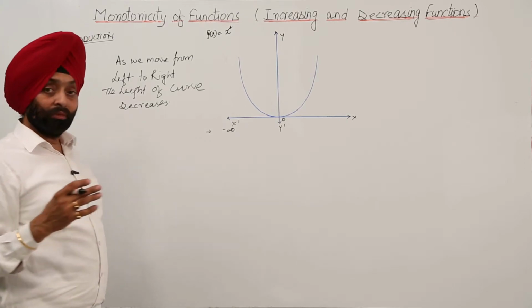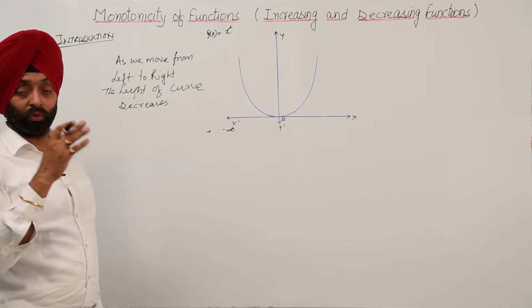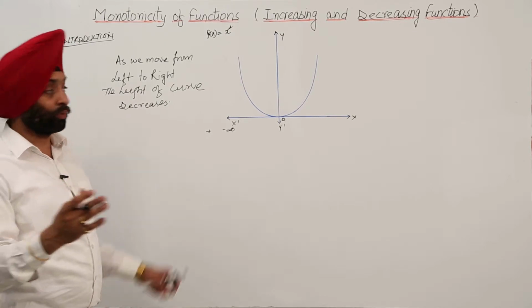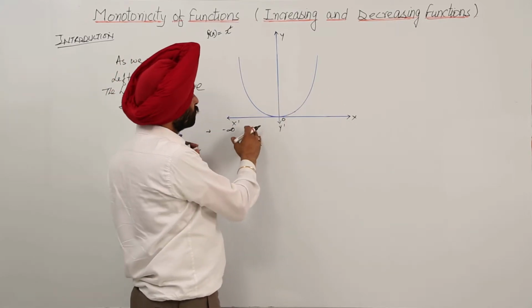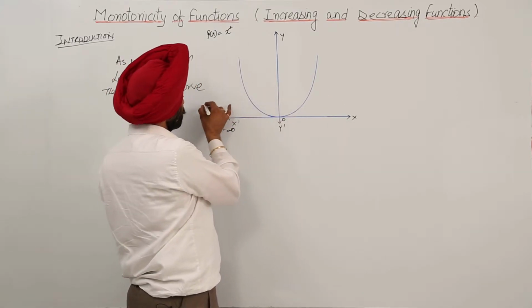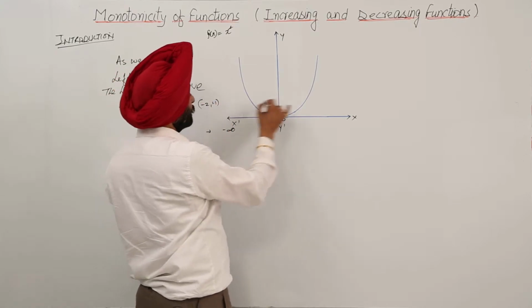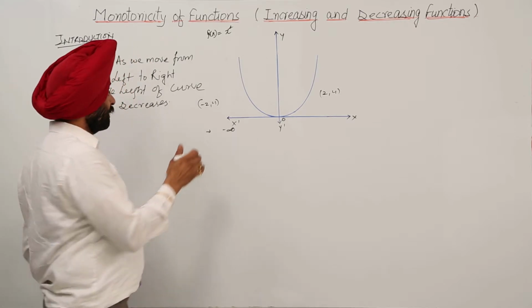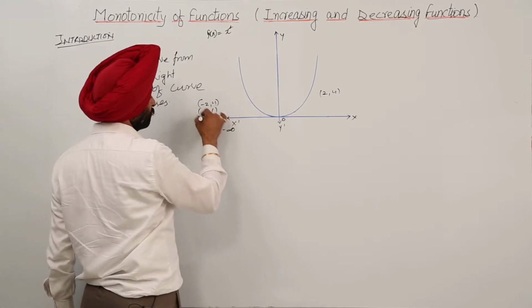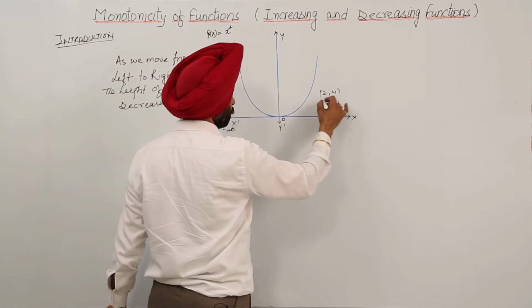So for -2 we get 4, and for 2 we again get 4, one on this side and one on that side. Then for -1 we get 1, and for 1 we get 1.